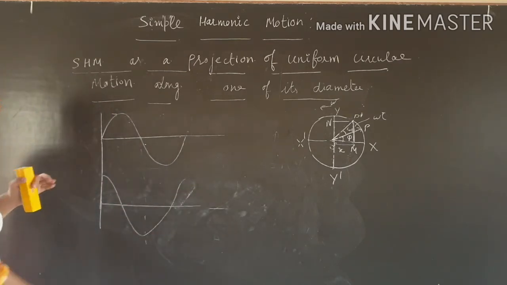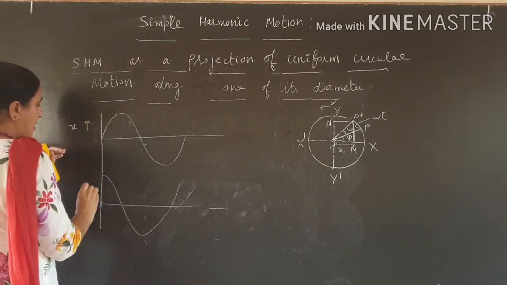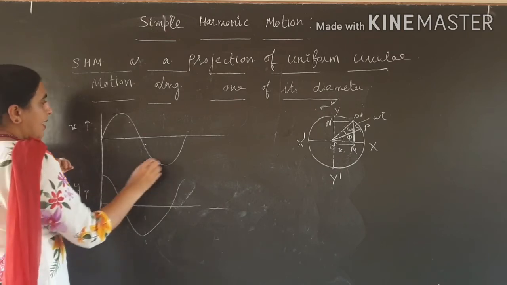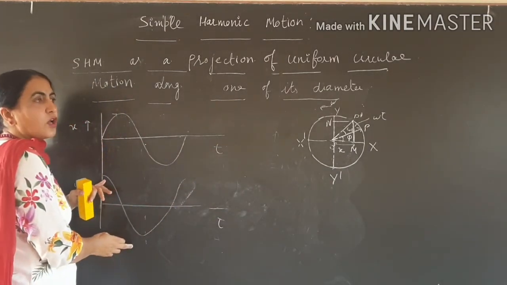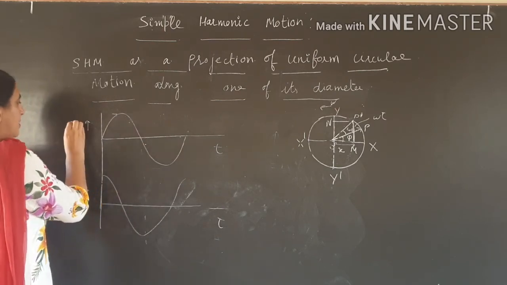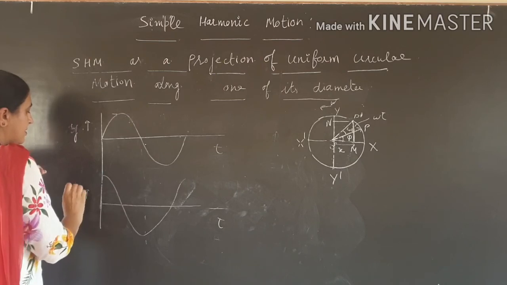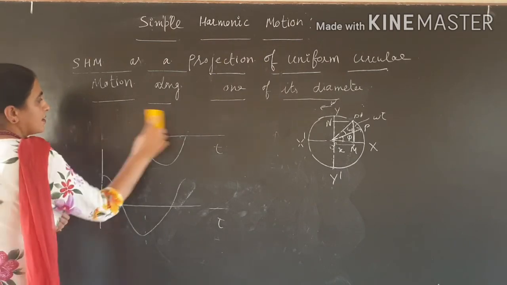Clear? So this is sine. This is about x and y, and this is t. So this is the sine curve, and this is the cos curve. x is equal to cos, so this is y and this is x. So these are the graphs. Clear? Thank you.